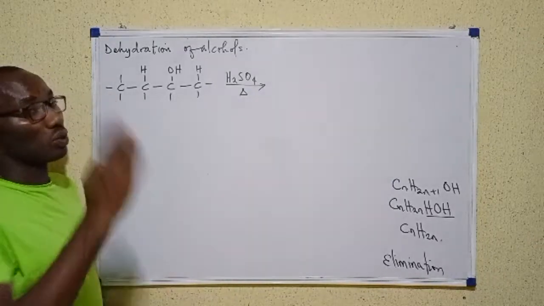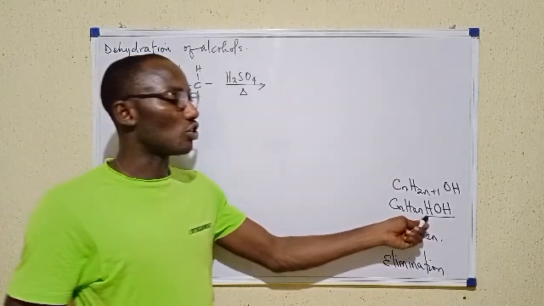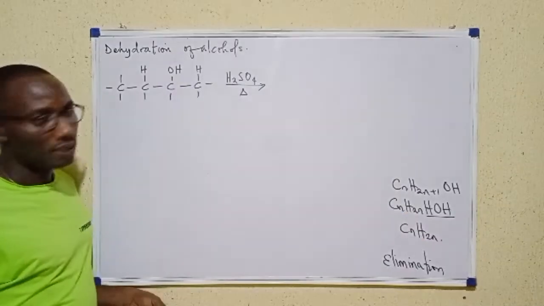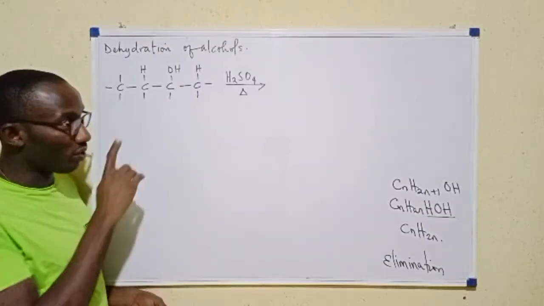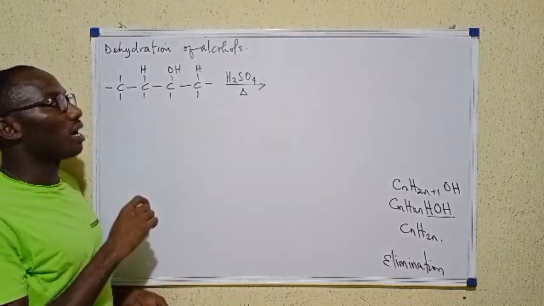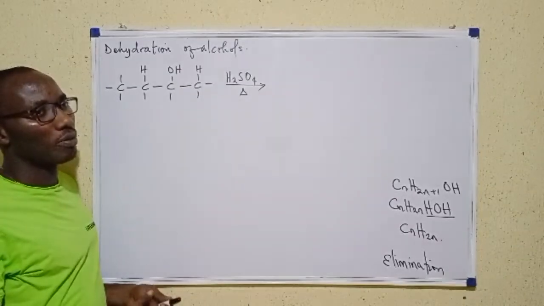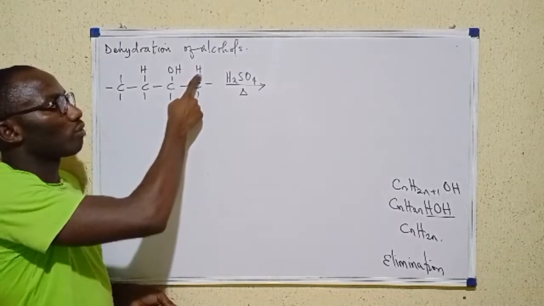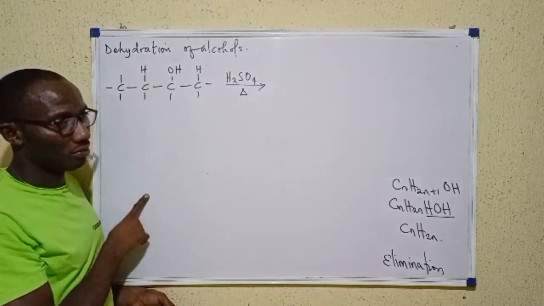Here we already said water will be driven off, but the water will be driven off as H and OH. Where OH will be eliminated from is not a problem. We already see the OH waiting to be eliminated. But what we have as a challenge now is where the hydrogen will come from. Would the hydrogen come from carbon 1 or would it come from carbon 3?